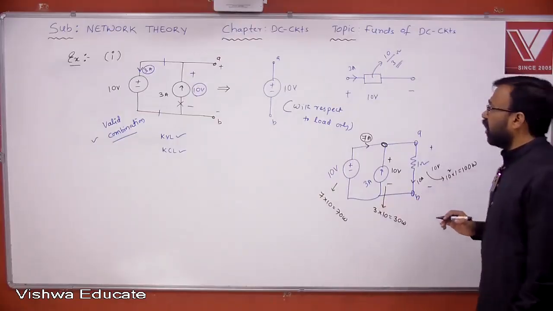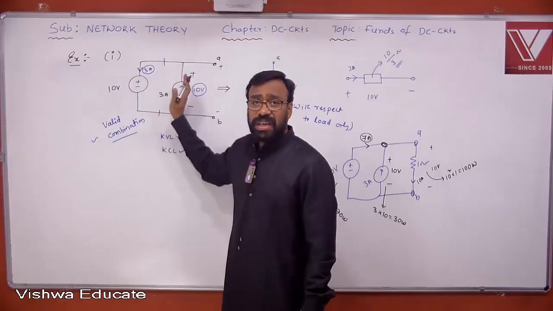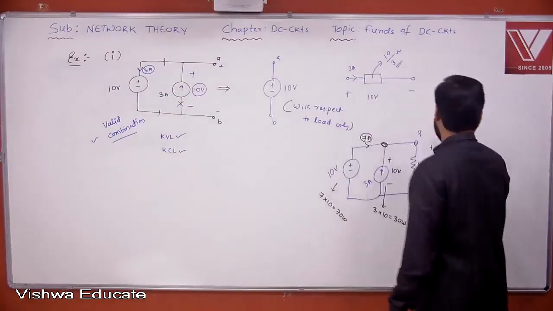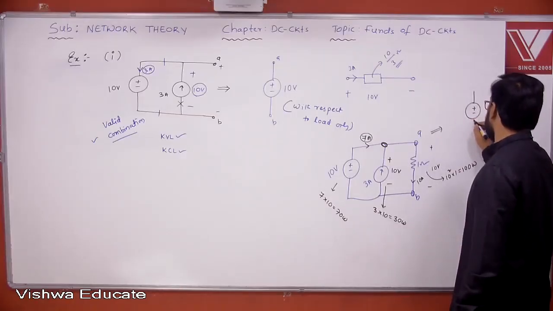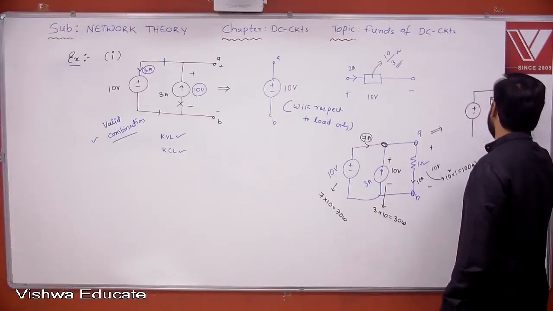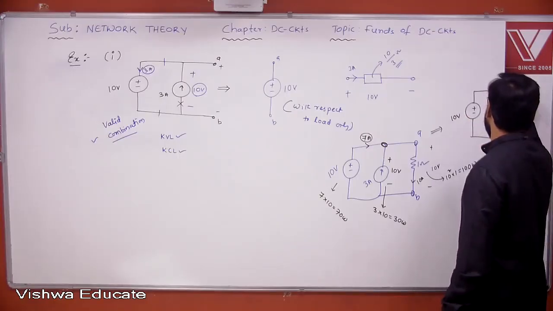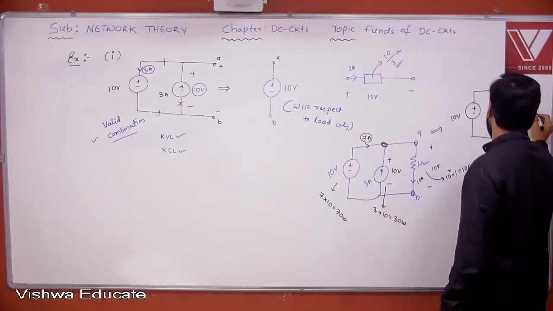Okay, all of you listen carefully here. Now, according to the statement, any element parallel to an ideal voltage source can be neglected. Yes, sir, if you neglect, what will happen? If you neglect that plus minus, you have only the resistor here. This is the 10 volts. This is 1 ohm. This is AB terminals, right? With respect to AB terminals, this is plus minus 10 volt.